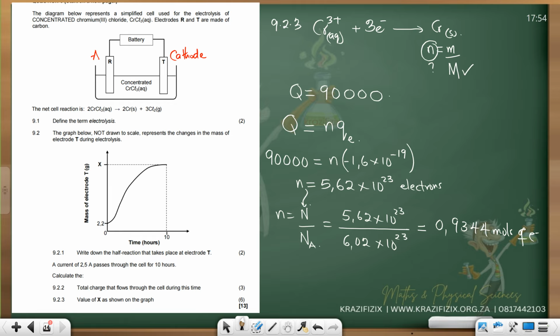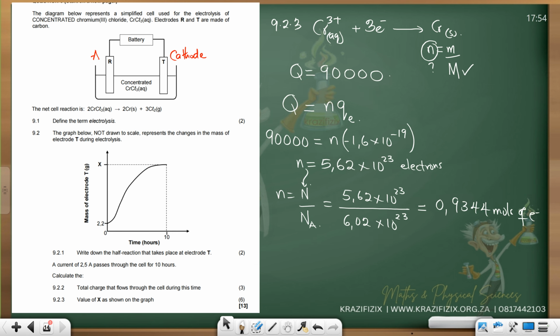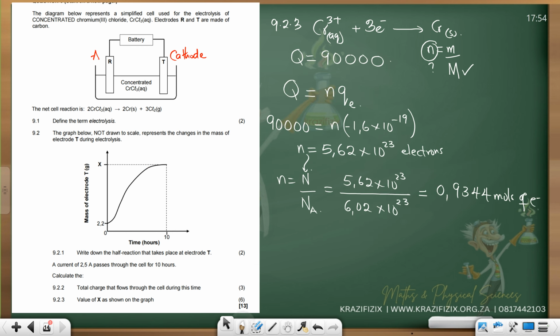Now I know my number of moles. Can I go to my ratio? Let's move this up so we keep everything on the same page. Now what do I know? Electrons and what? Chromium. How many moles? 3:1 from your balanced equation.